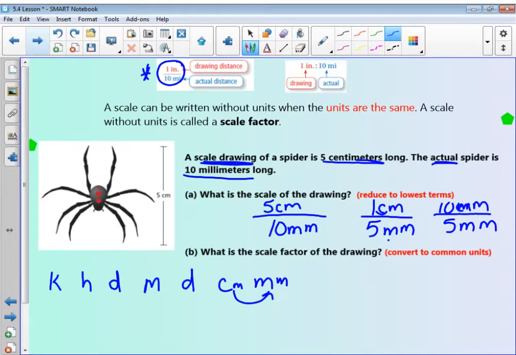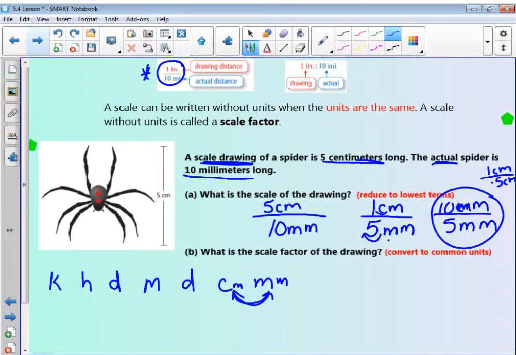Or I could do the opposite, which would be, I could convert it to centimeters. So I'd go the opposite way with my millimeters. So opposite would be here, 0.5. My other one would be 1 centimeter to 0.5 centimeters. Okay, I'm going to go ahead and use this one.